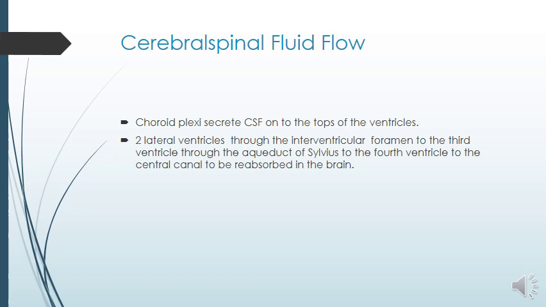It's important then to remember that as the fluid is flowing from the 2 lateral ventricles and then into the 3rd ventricle, at the tops of the 3rd ventricle we have choroid plexi there too, which is secreting more cerebral spinal fluid. And then when we go through the aqueduct of Sylvius into the 4th ventricle, at the top of the 4th ventricle, we're also going to have more cerebral spinal fluid.